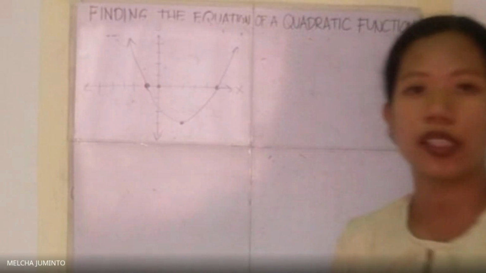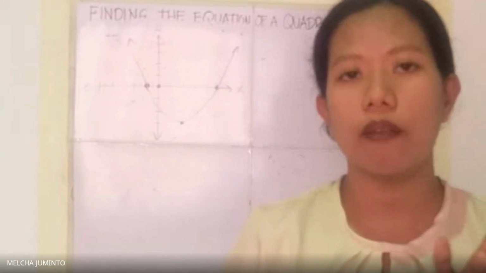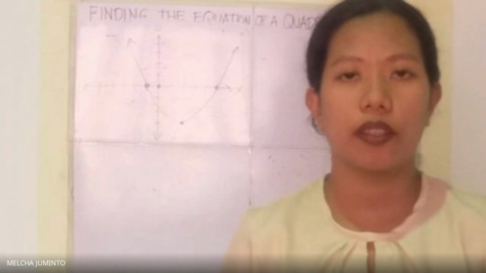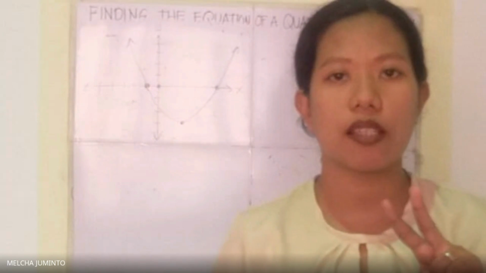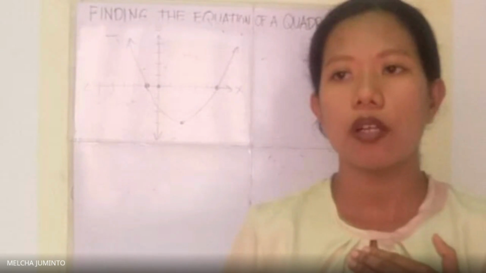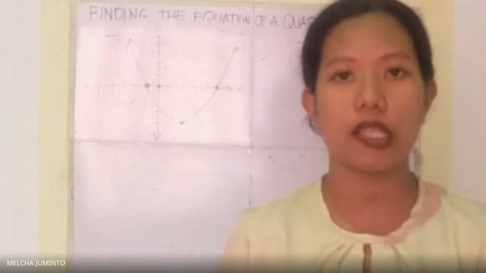For example, this is the graph. Please always begin by observing the opening of the graph. There are only two openings, either upward or downward. There is no quadratic function that opens sideward. Please take note of that.